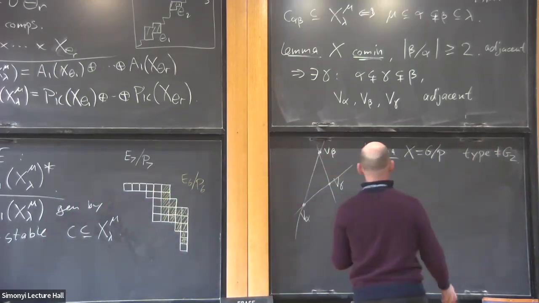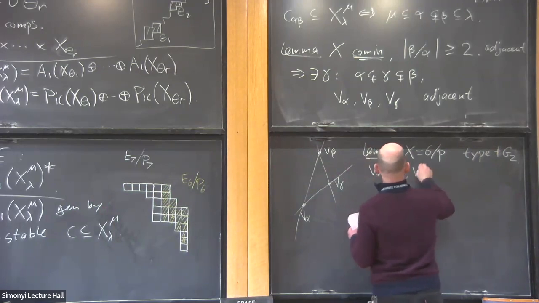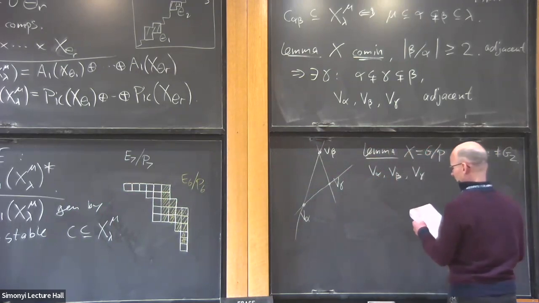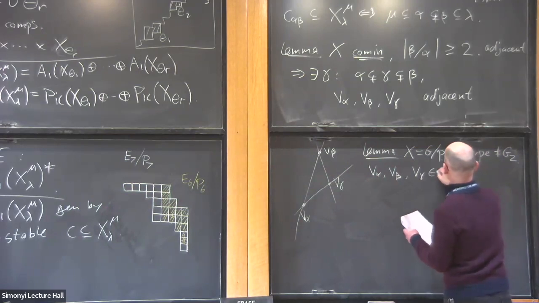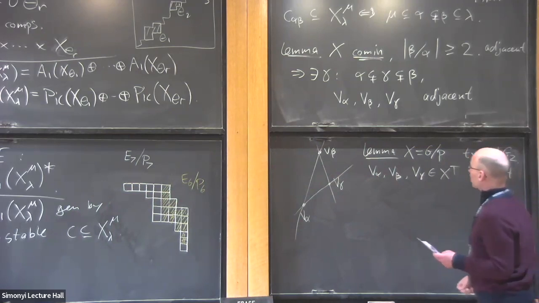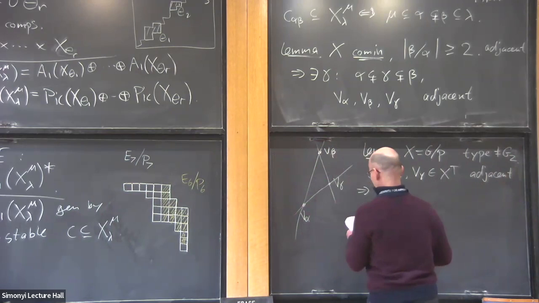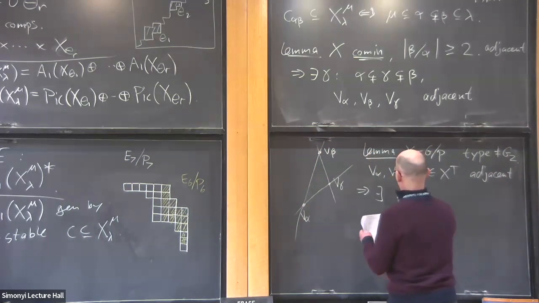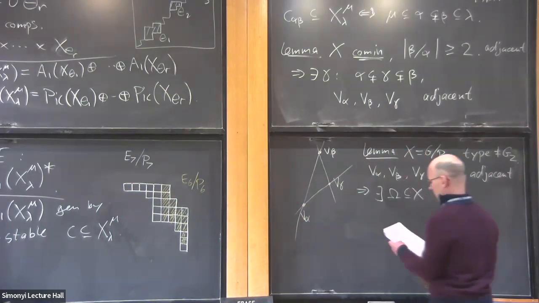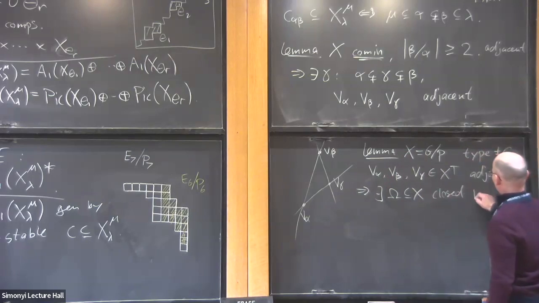It says that if you have V alpha, V beta, V gamma adjacent, then there exists some omega in X that is closed and T stable with three properties.